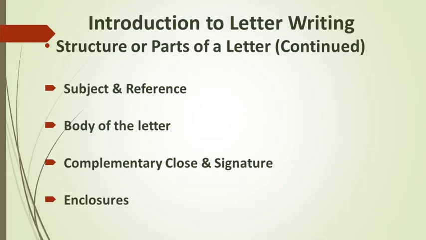After this complementary clause, it is immediately followed by the signature. The signature will have the specimen sign of the writer and sometimes even his name in brackets. And then the last part is enclosures.